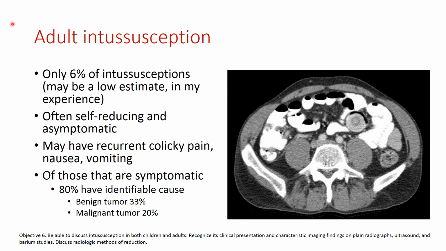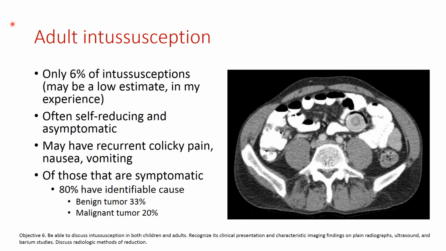Now, adults can intussuscept too, although we don't see intussusception often in adults, about 6% of the time. Now, in my experience, that's probably a low estimate. I would agree that symptomatic intussusceptions in adults may consist of 6% of the symptomatic intussusceptions.